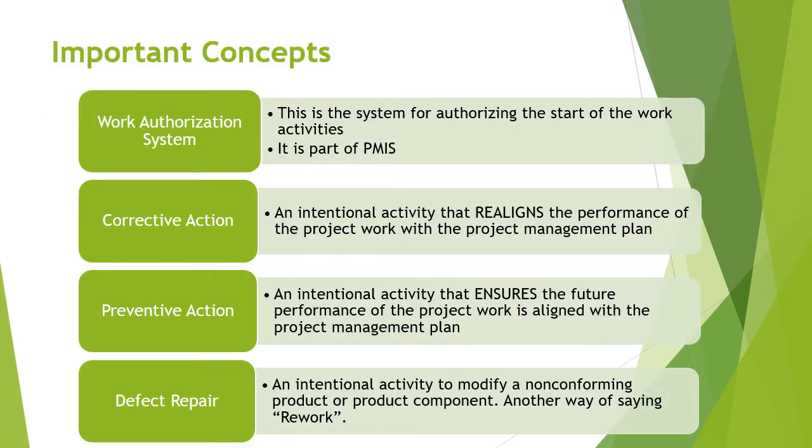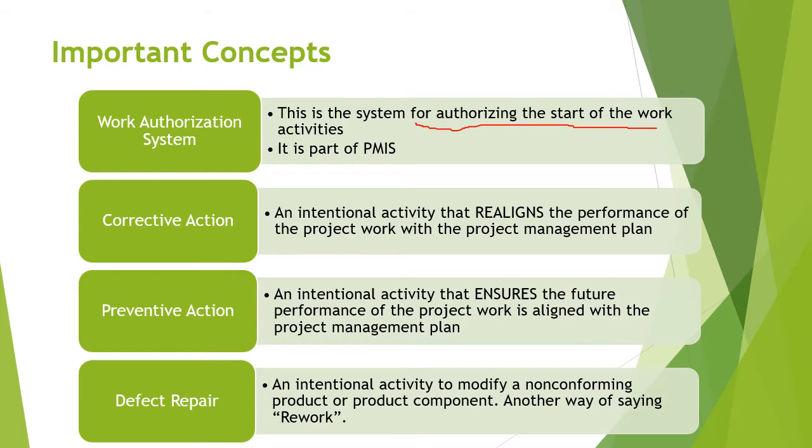Now, before we discuss the inputs and outputs, let's discuss some important concepts. The first one is the work authorization system. It is basically the system for authorizing the start of the work activities. It is a collection of formal documented procedures that define how the project work will be authorized, right?